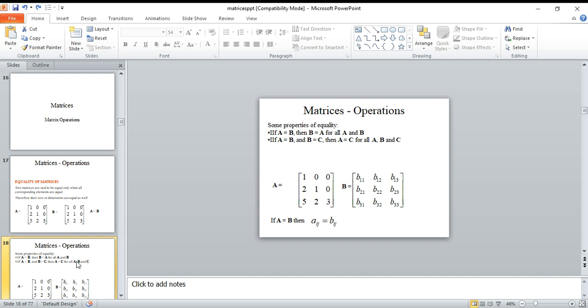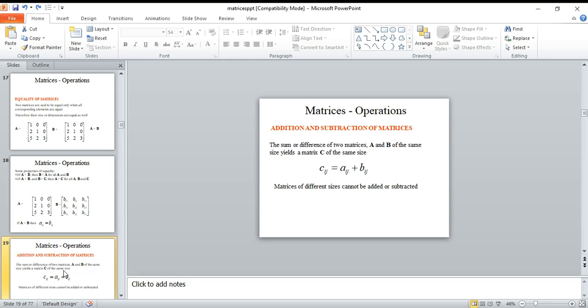If A equal to B, then B equal to A for all A and B. If A equal to B and B equal to C, then A equal to C, for all A, B, C. For example, A equal to 100, 210, 523, and B equal to B11, B12, B13, second row B21, B22, B23, and third row B31, B32, B33. If A equal to B, then Aij equal to Bij.